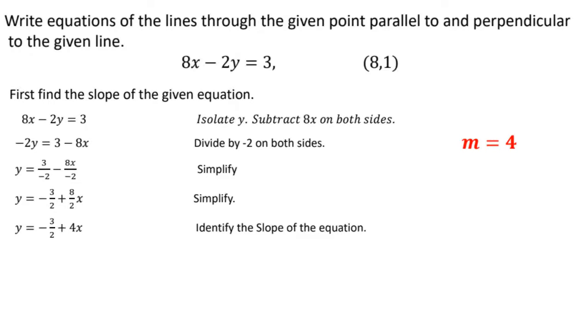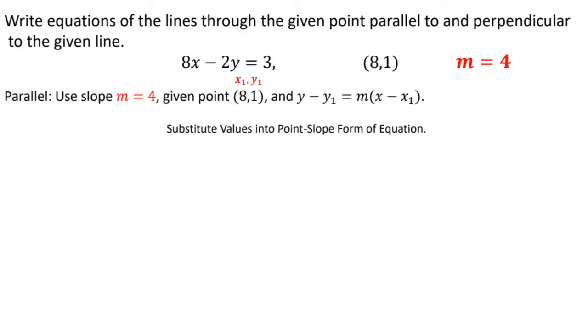When we do this, we see that our slope is 4, right? To find the parallel line, we're going to use our point-slope formula, y minus y1 is equal to m times x minus x1, where x1 and y1 are the point that we want the line to go through, which is 8, 1.